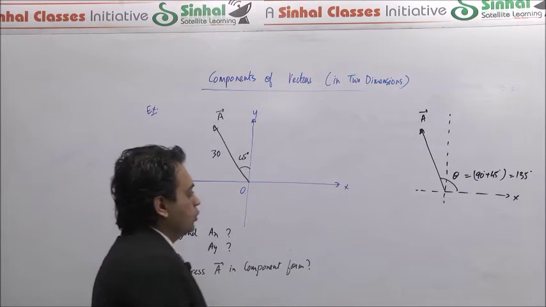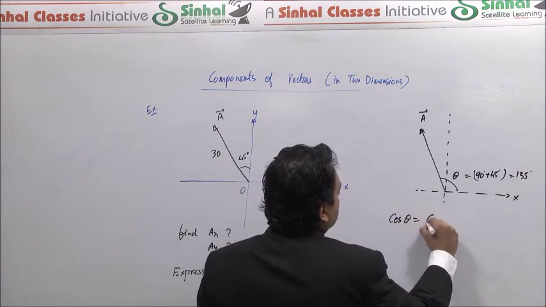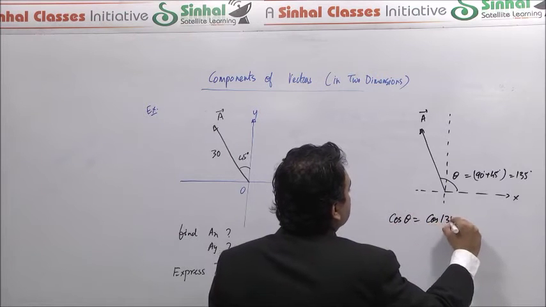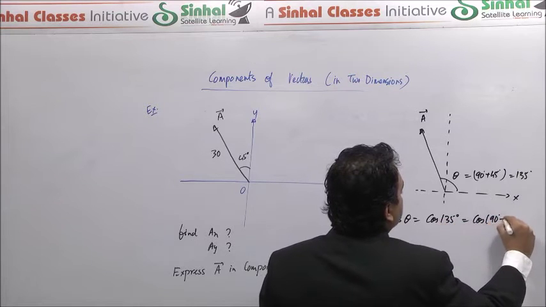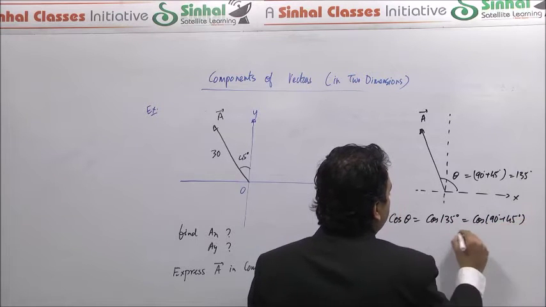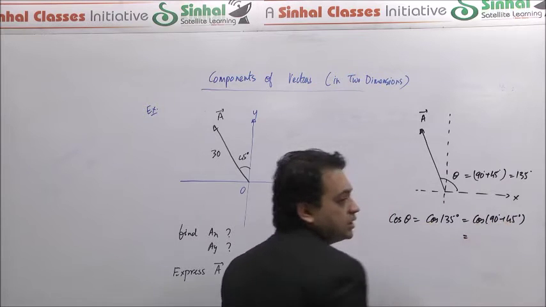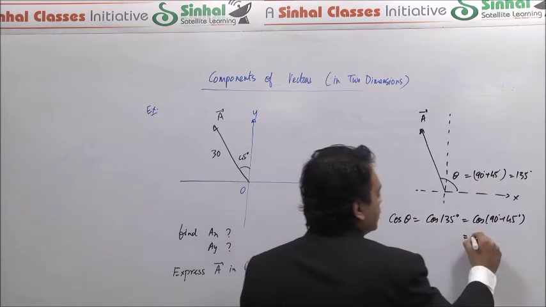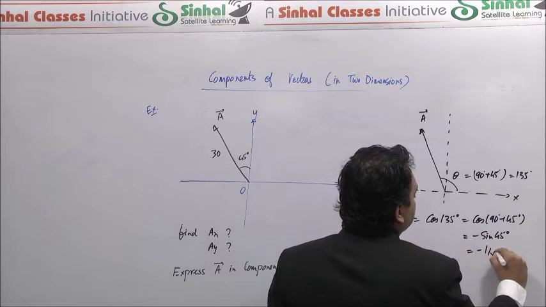So just going with trigonometry a little bit first, you can see that cos theta is cos of 135 degrees, which is cos of 90 plus 45. So using the formula of trigonometry in the second quadrant, we can see cos of 90 plus theta is minus sin theta. So this becomes minus sin 45 degrees. That becomes minus 1 by root 2.